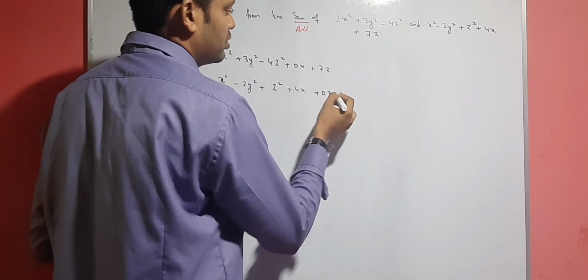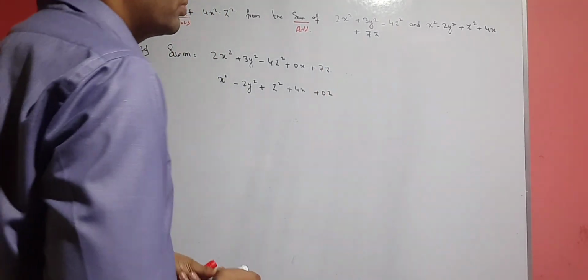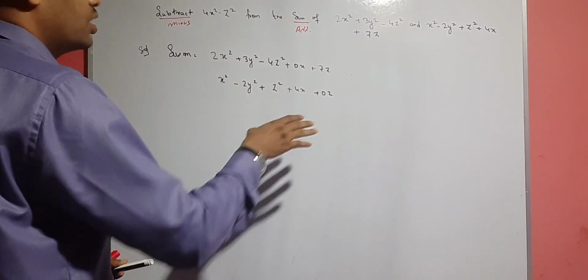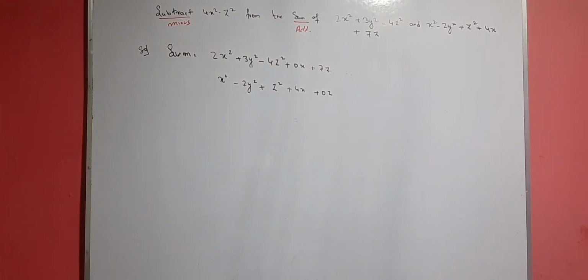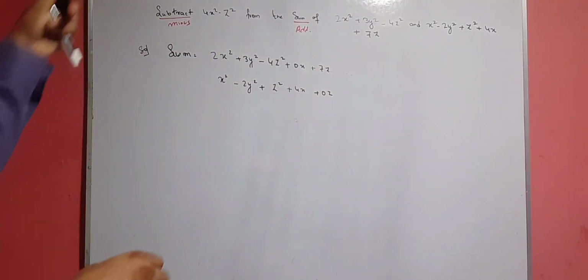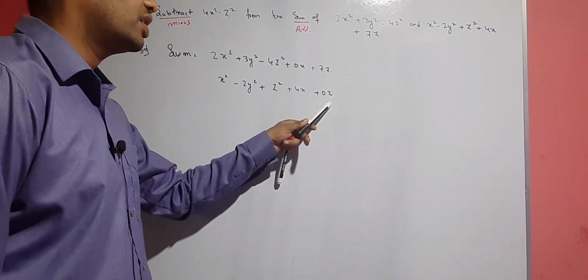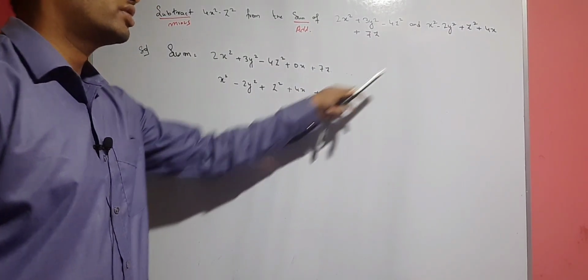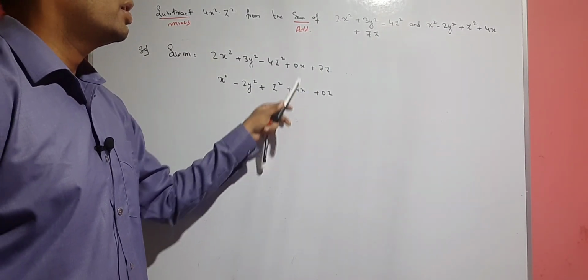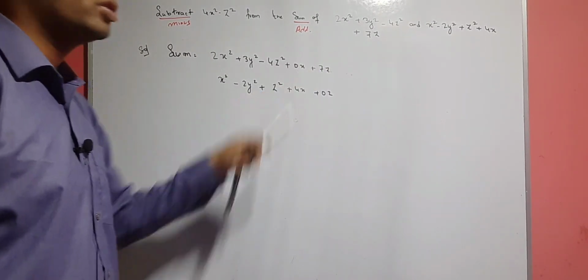Clear? Understood? Here the z value was not there in the second case, so I have written 0. Here the x value was not there in the first case, I have written 0. Clear?